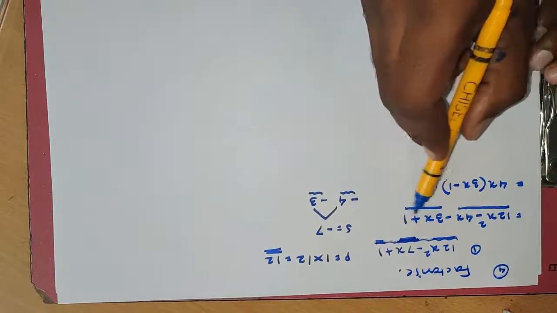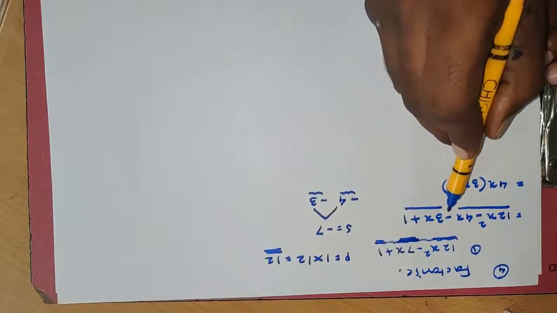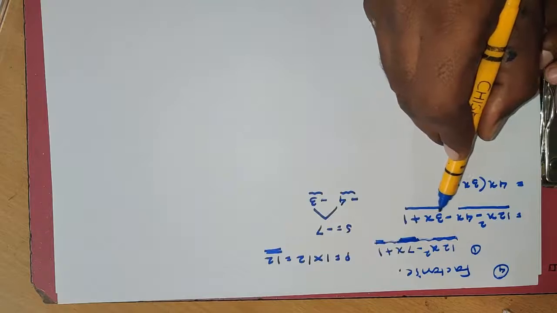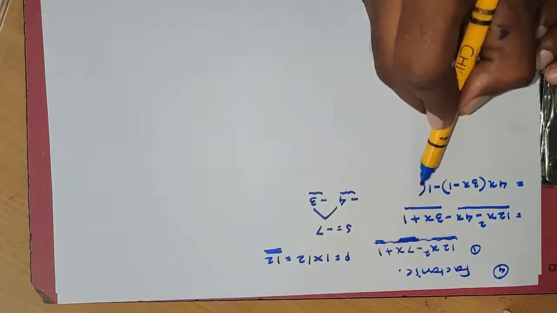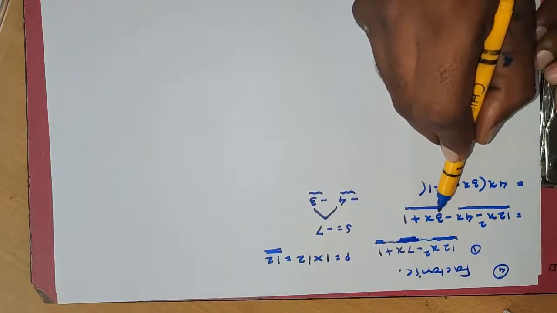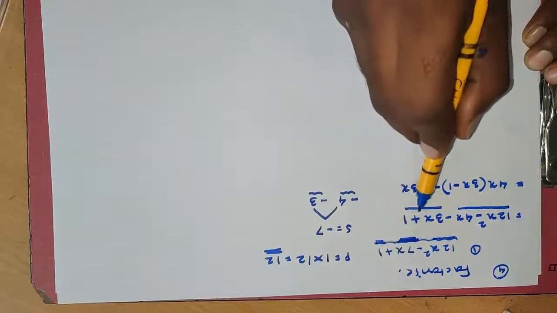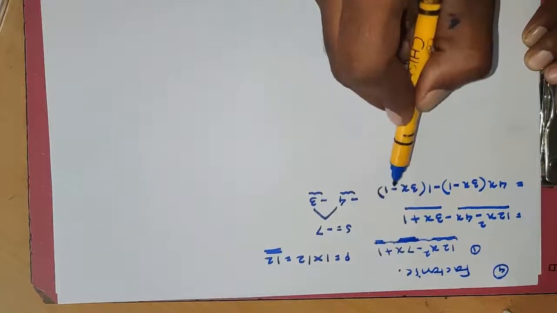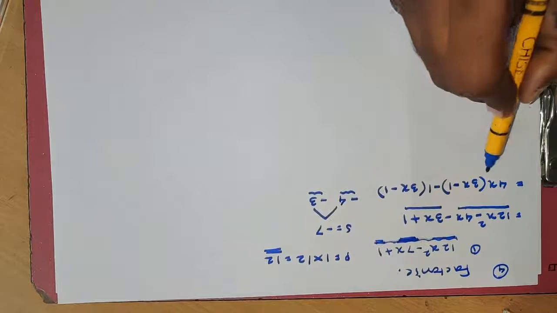In the next two terms nothing is there to take common, so we take 1 common. This 3x has a minus sign, so I take minus out and 1 common. Because the minus is outside, minus 3x becomes plus 3x inside the bracket and plus 1 becomes minus 1. Because of this minus sign, both signs change.